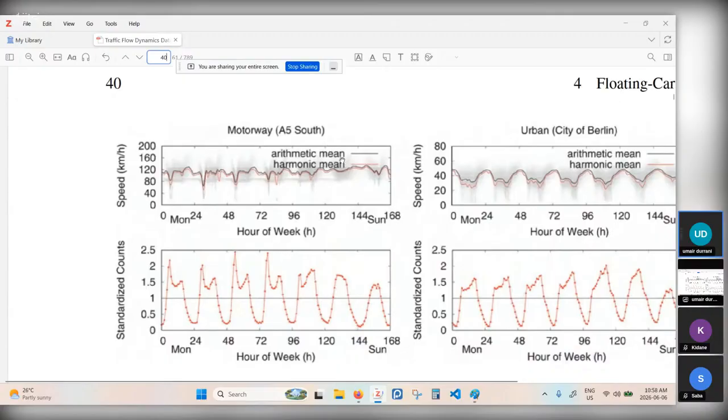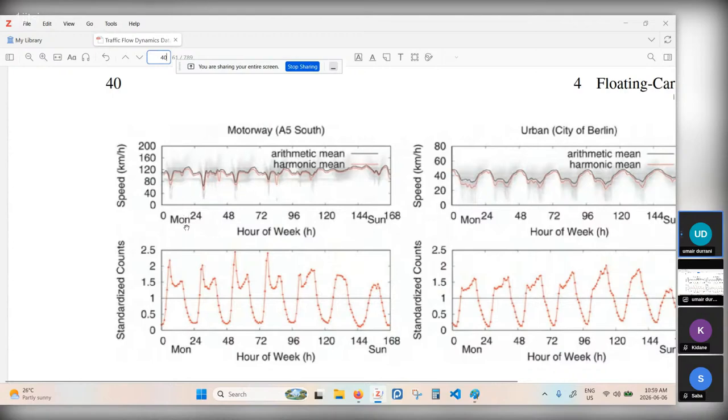But then arithmetic mean and harmonic mean of these speeds are obtained. Remember from, I think, the first or the second chapter, we discussed harmonic mean speeds and arithmetic mean speeds. Those are obtained here using the floating car data. So these lines tell us a story about what is happening on weekends and on weekdays. We can see, for example, on Saturday and on Sunday, the speeds seem to be slightly higher. Both the harmonic and the arithmetic mean speeds are slightly higher than the speeds that we get on weekdays.